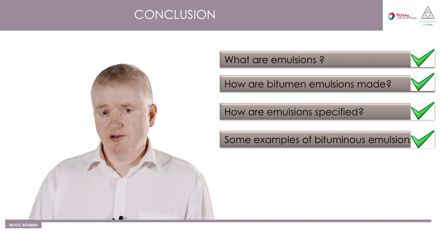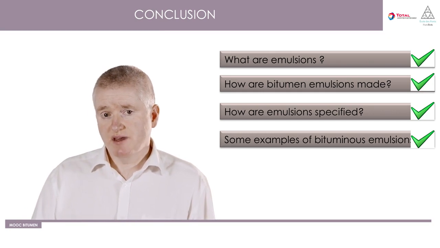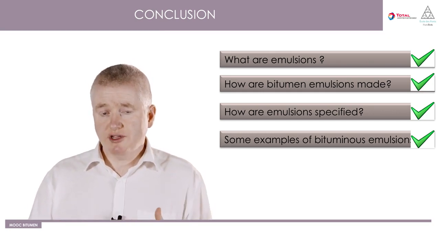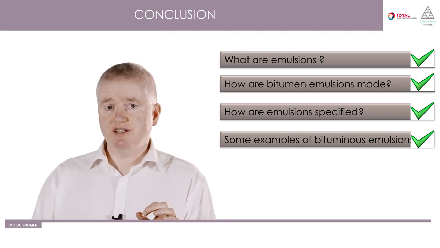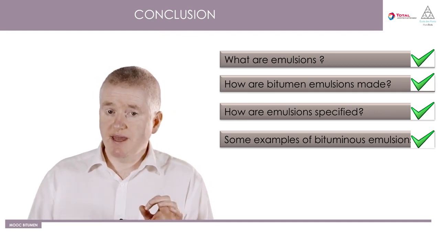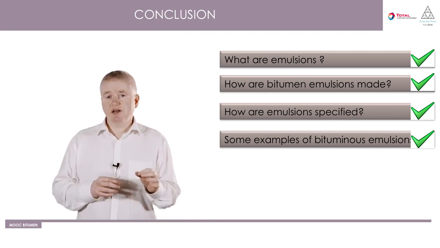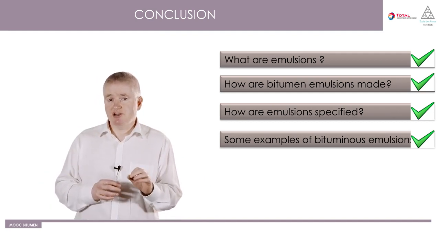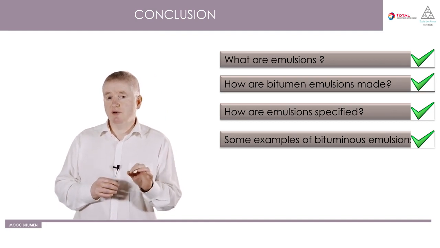We have also talked about how we can manufacture artificial emulsions, considering the role of emulsifiers and the relative contribution the continuous phase and the discrete phase make to the physical characteristics. Finally, the specification EN 13808 has been considered, along with the type of applications common to emulsions.